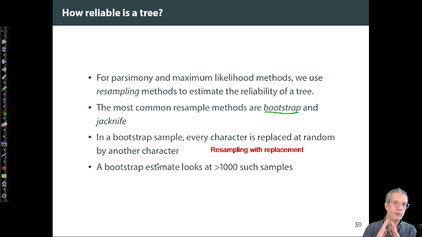When we do that one time, that becomes one bootstrap sample. Then we take that bootstrap sample and re-estimate the tree, exactly as we did with our original sample. Now we have a new tree, and we can compare those trees.